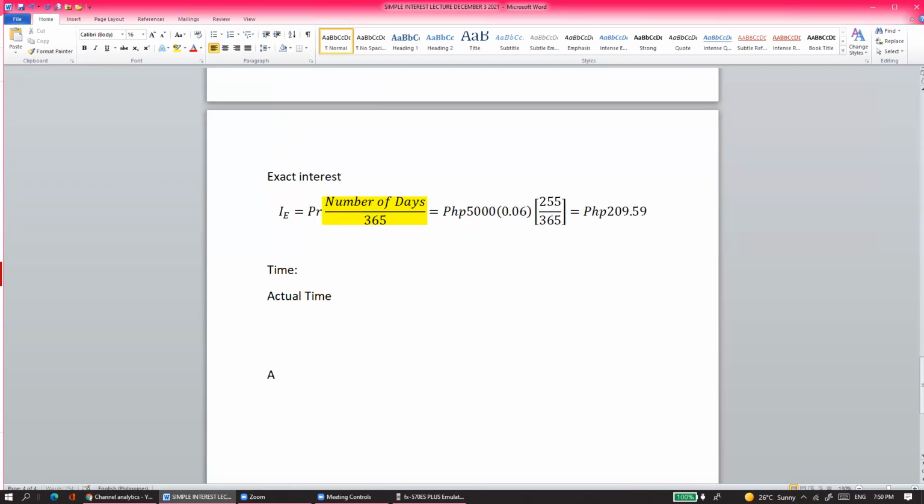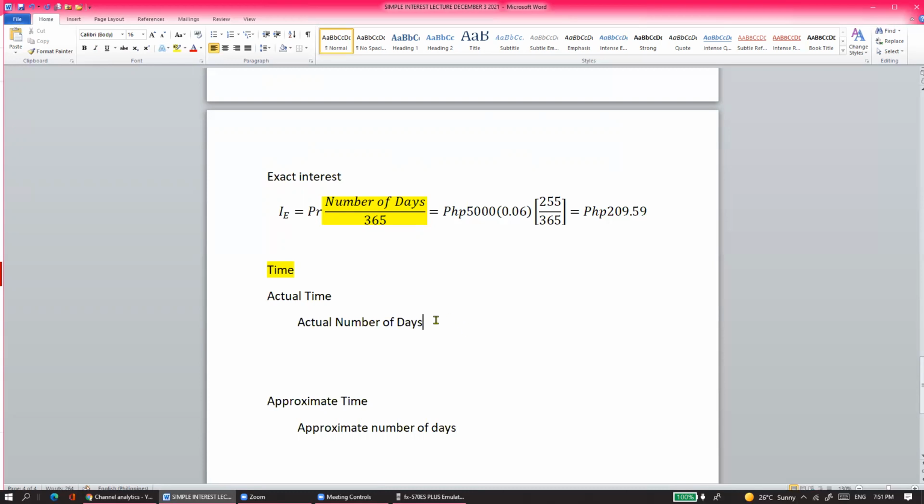And the second is approximate time. What is the difference between actual time and approximate time? In actual time, what we always look for is the actual number of days. In approximate time, what we always look for is the approximate number of days.